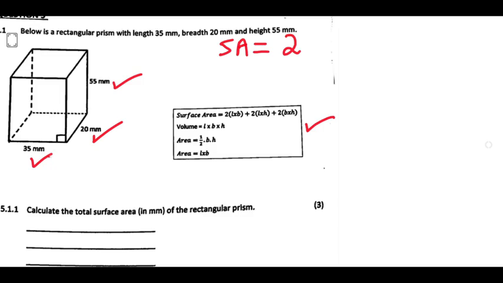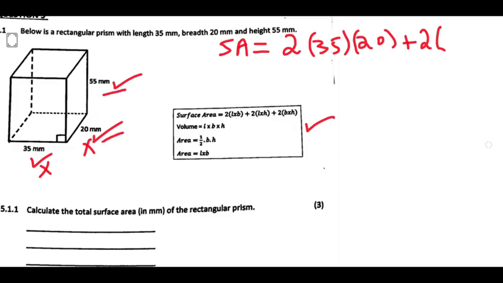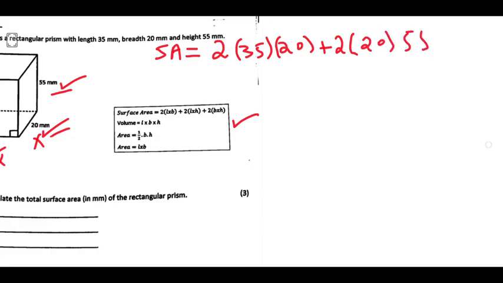So 2 multiply 35 multiply 20, plus 2 times. Now these two I used, finished. Now I'm going to use these two: 20 multiply 55, plus 2 times.